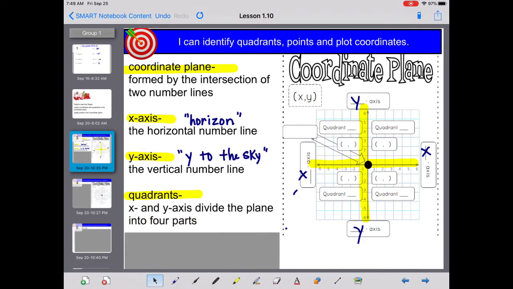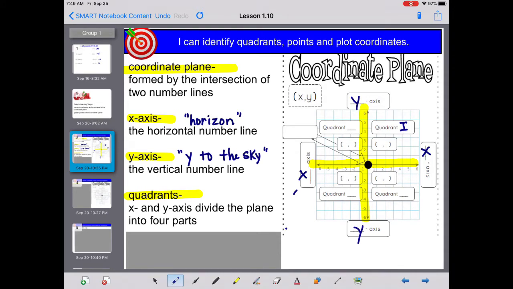Now these axes, which is the plural version of axis, make 4 quadrants. Now the quadrants are labeled with Roman numerals. So Super Bowl and quadrants, that's where we use Roman numerals. This is the first quadrant over here in the upper right. Now we don't label them clockwise like the clock goes.